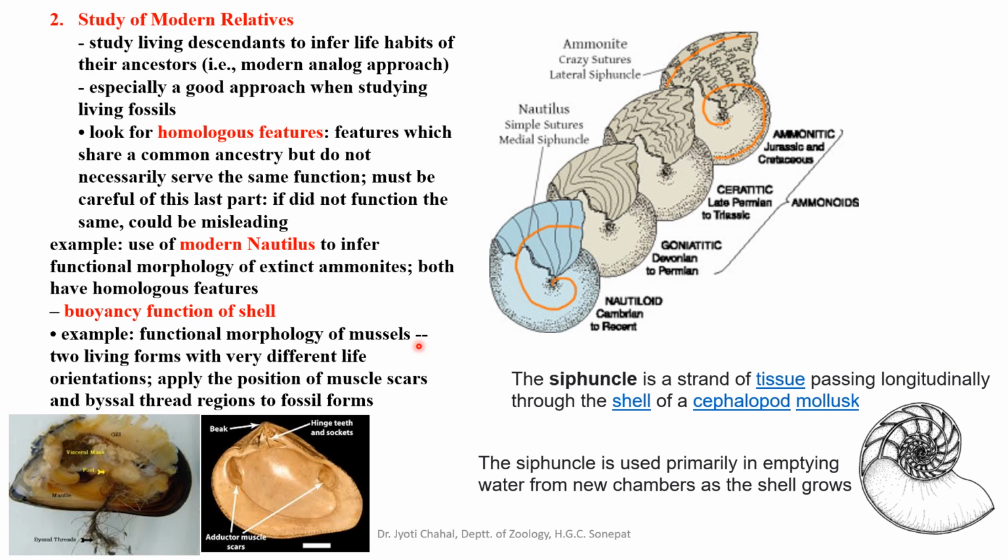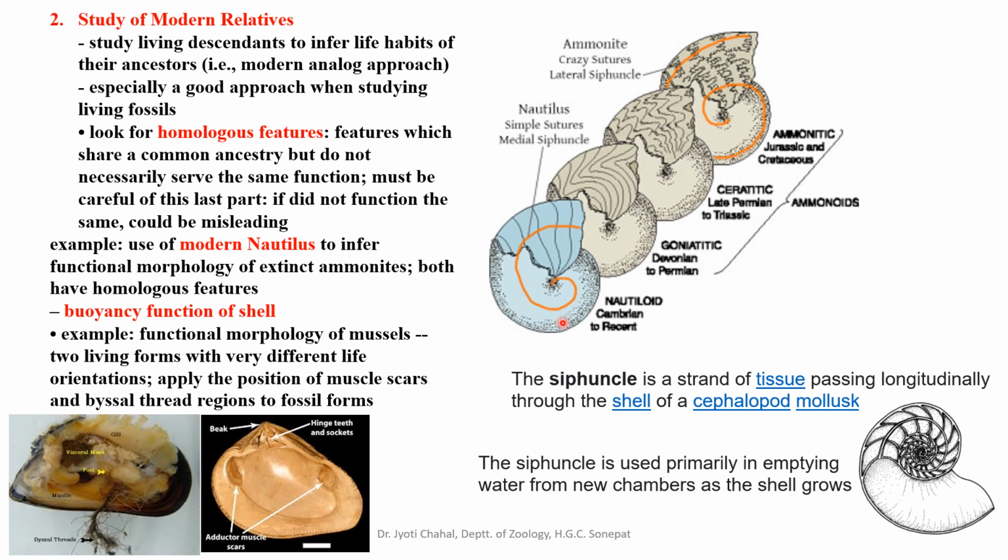Living fossils are organisms which have not changed for millions of years. They have not shown any different adaptation or evolution from their previous ancestors. Like this Nautilus, which is shown here in blue color. This Nautilus is a living fossil because it has not evolved in the last 400 million years.